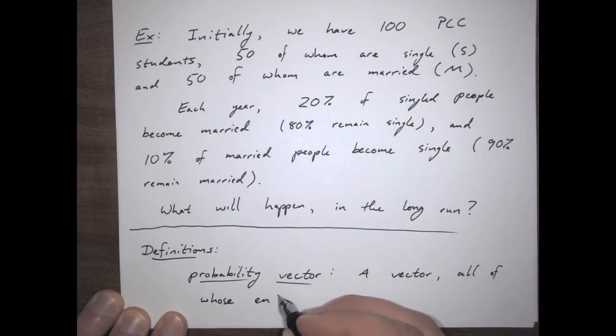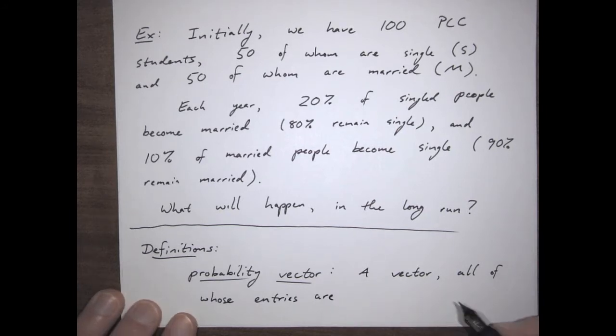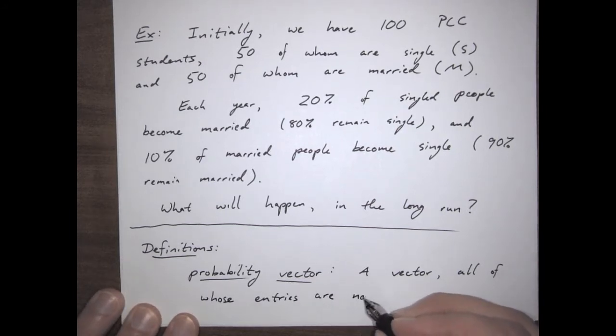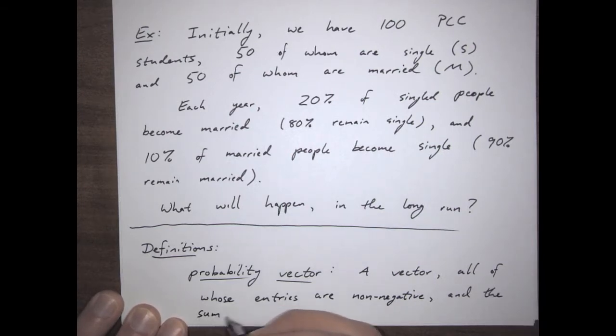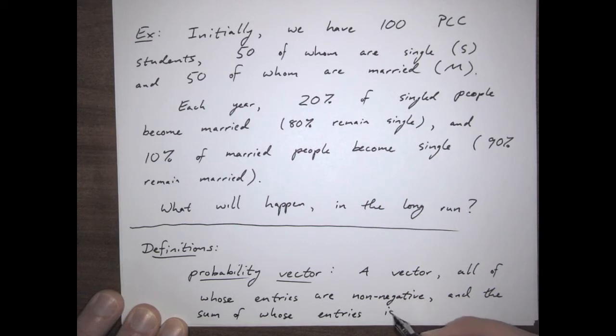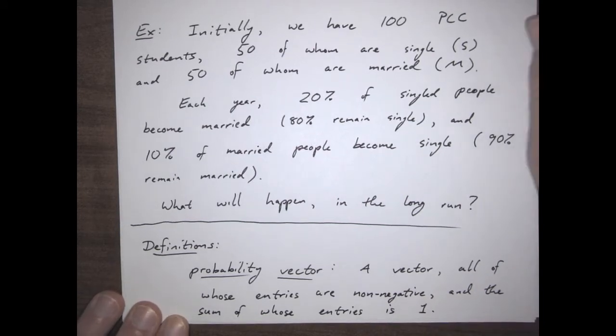All of its entries are non-negative, because negative probabilities are nonsensical, and the sum of its entries is 1. So that's what it means to be a probability vector.